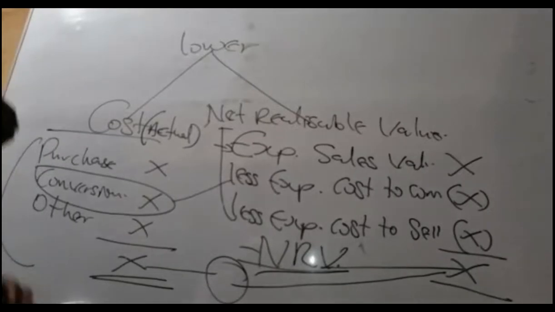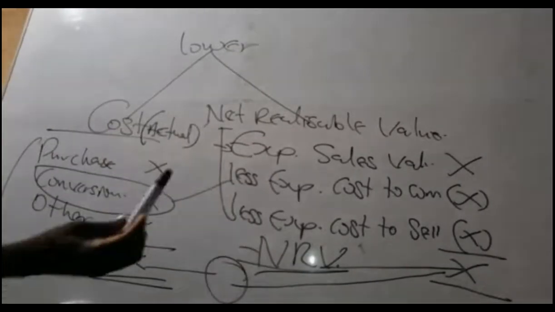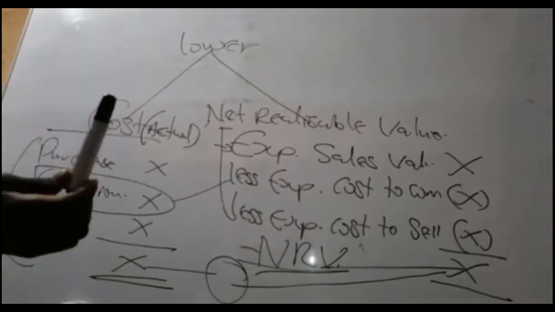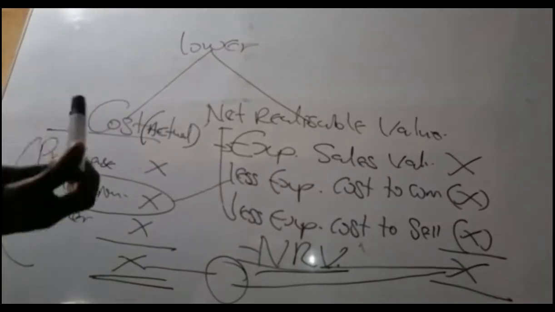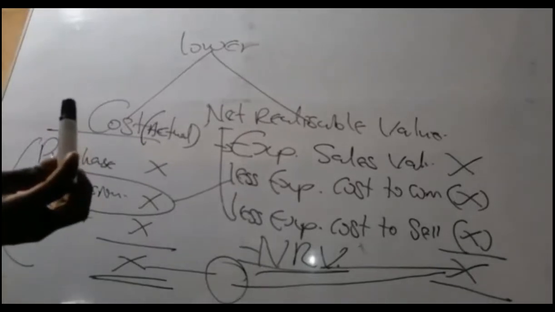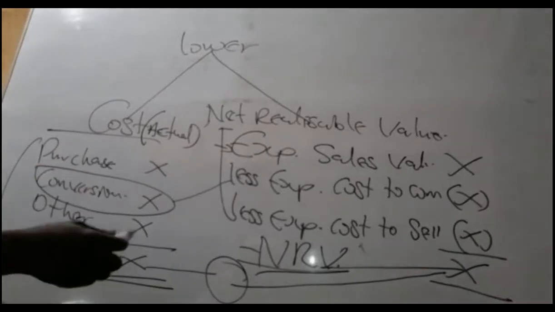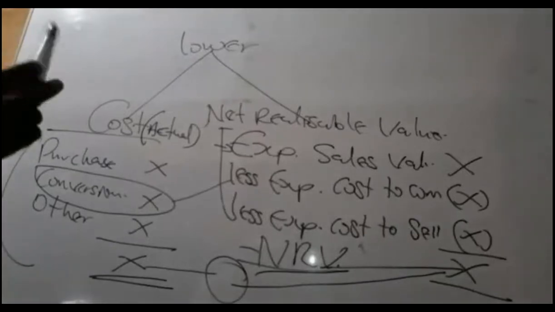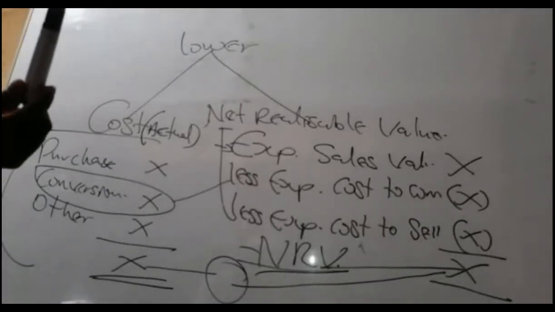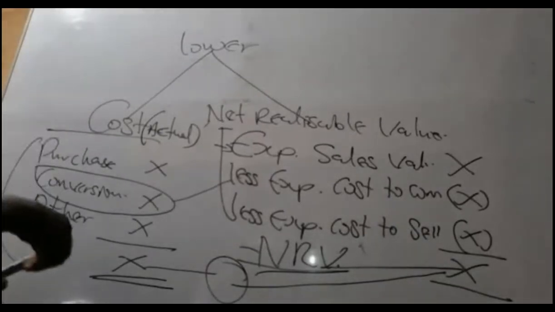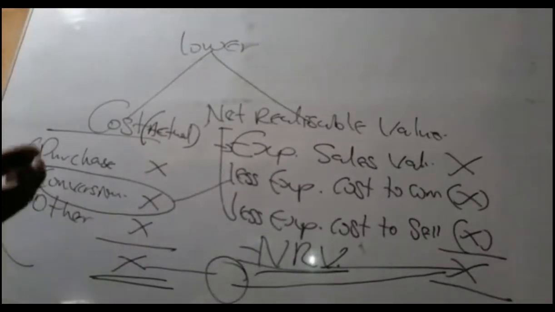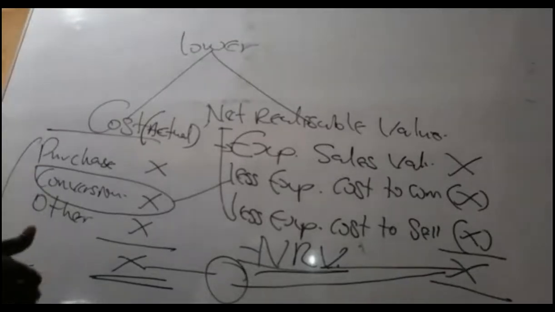Good. Then when I go to the NRV, if I should sell this marker today, what will be the value that I'll receive from the sale after I consider all my selling costs? Okay, expected sales price. If I sell today, this marker will go for 120 pesos. Is there any expected cost to complete? Cost to complete means subsequent measurement.